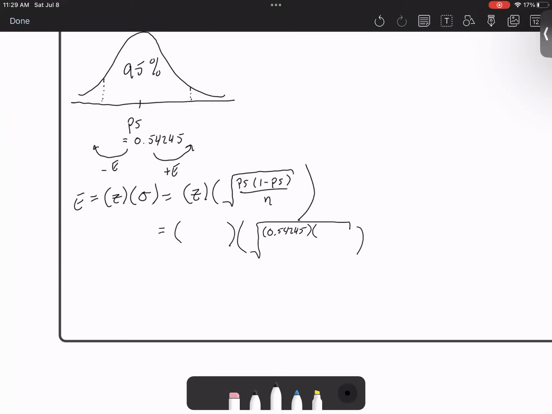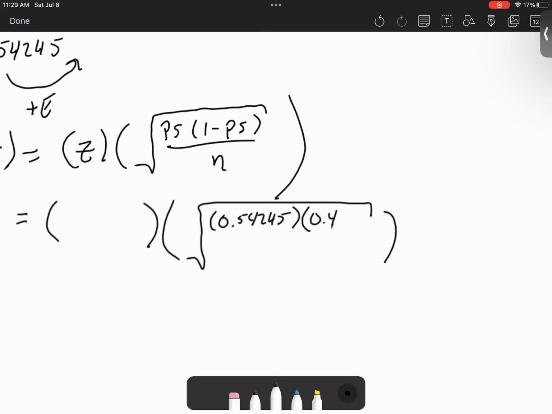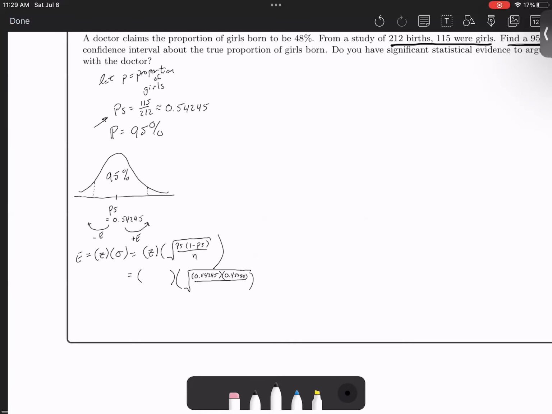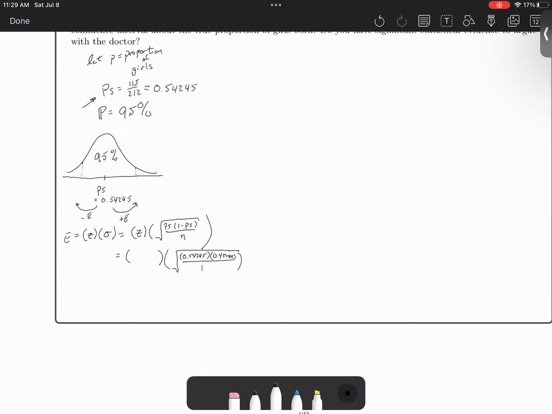And I multiply that by 1 minus P sub S. So 1 minus 0.54245 gives us 0.45755. So reminder, this is all underneath that square root. And I divide that by n, the number of data points that we have. There's 212 babies in our sample.